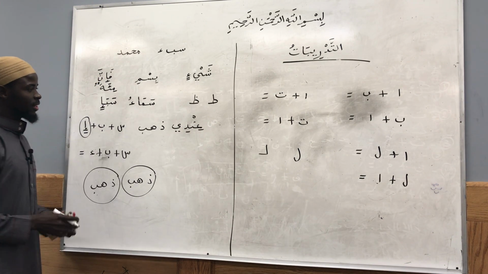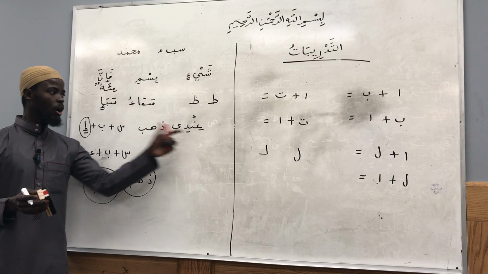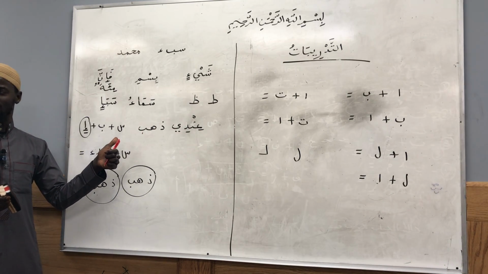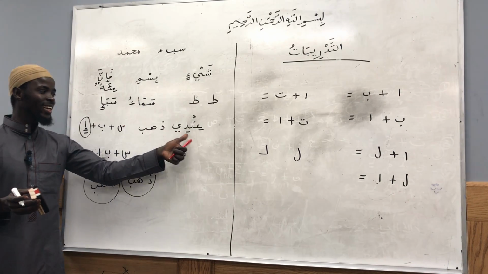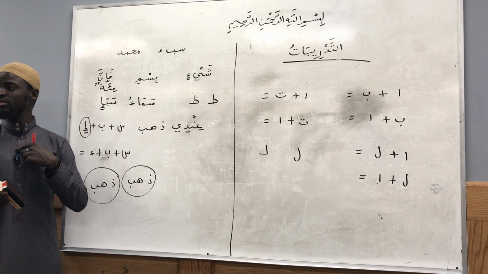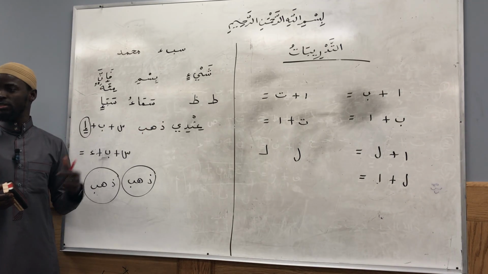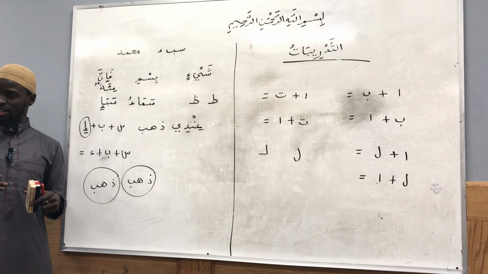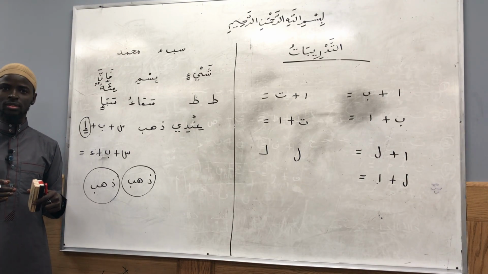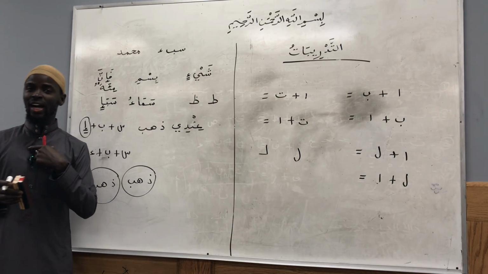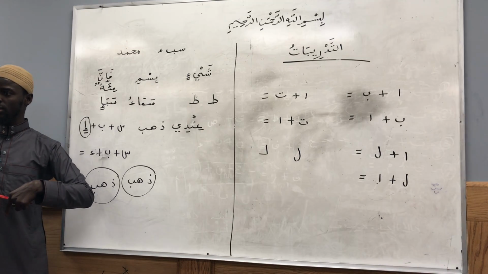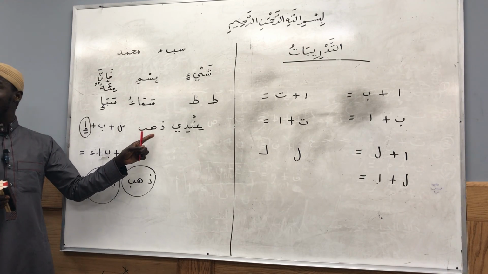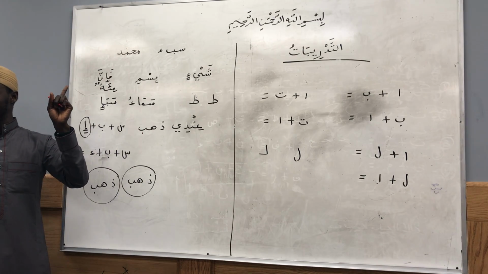How can you read this? عندي, I read this one for you. What about the second one? عندي ذهب. Does that make sense? عندي, I have. Going. I have went. Does it make sense? It doesn't make sense, because indi is I have with me. That means this is not going to be Zahaba that you know.